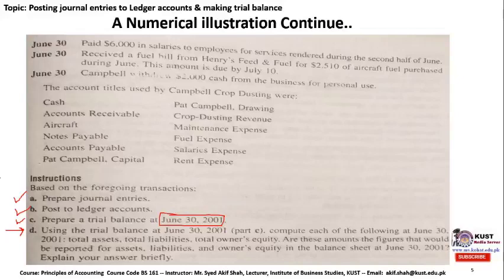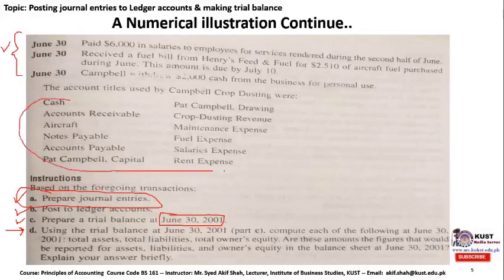Rather, we have to emphasize our first instruction, to make the journal entries. For that purpose, we have to thoroughly understand and carefully read the economic events so that we will be able to select the relevant account title from the chart of accounts available at the end of the transactions, and then record our debit and credit entries according to GAAP in the journal format.